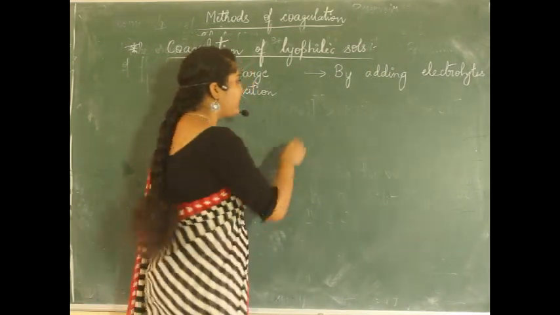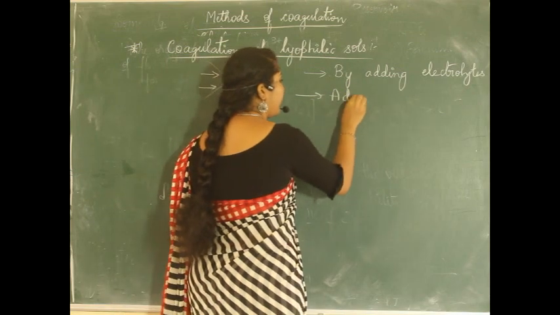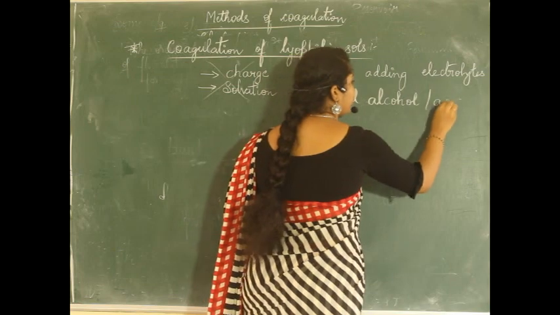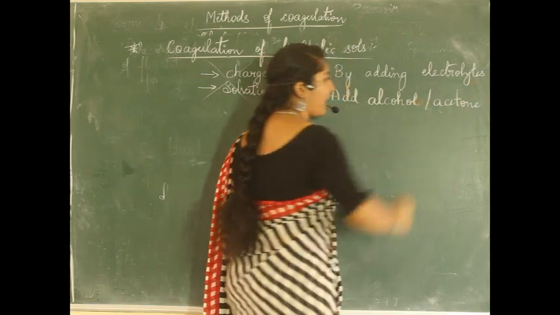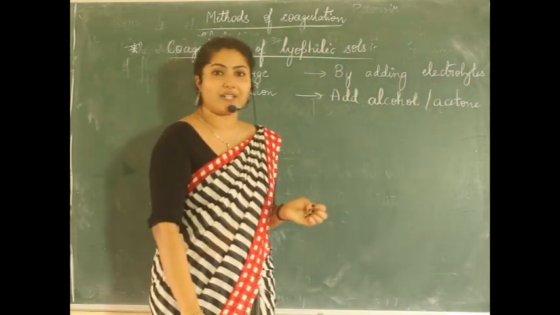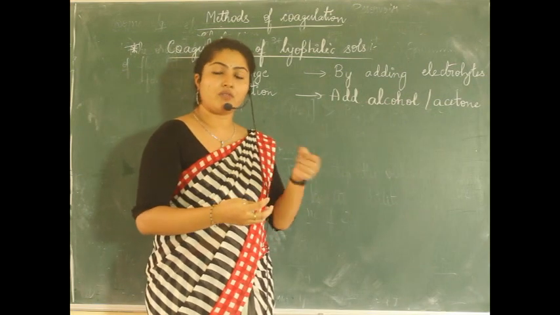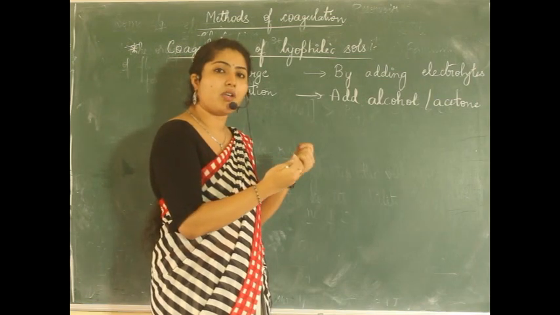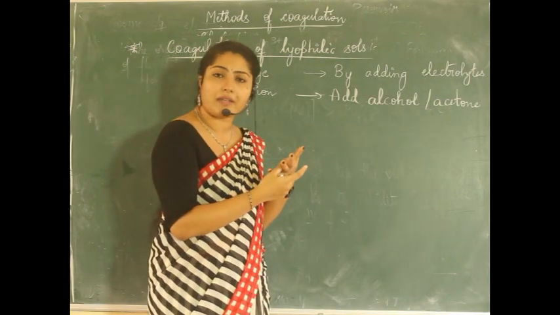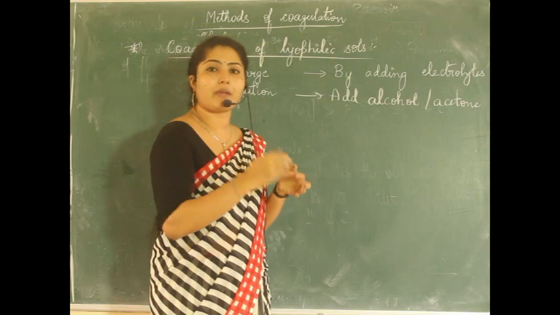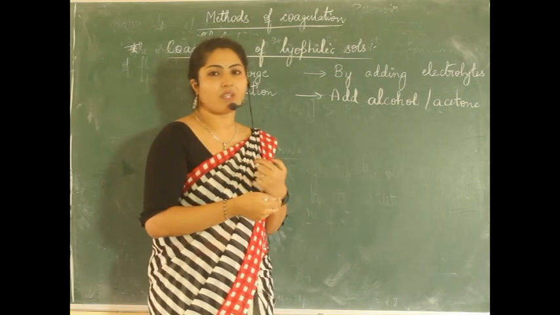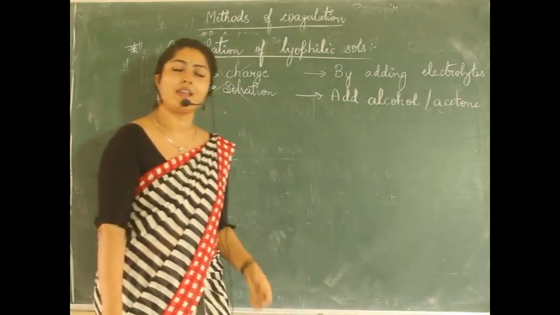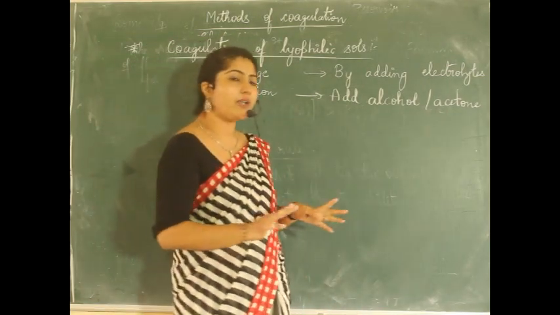So what we will do, we'll add alcohol or acetone. They are volatile. They tend to evaporate, so they loosen the stability of the colloids also. Water can be removed, hence the stability of the colloidal solution will be lost. Because of which coagulation of lyophilic sols can be carried out. Are you getting the point?